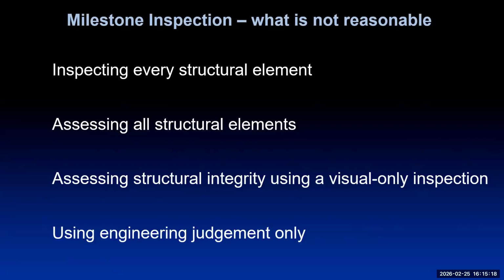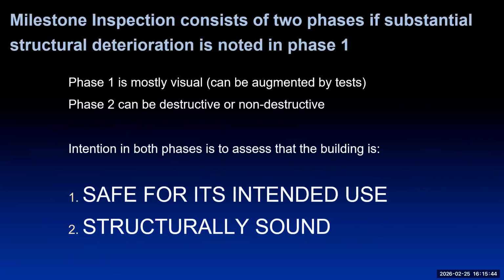You can't draw the line between seeing a sign of a problem and the overall integrity of the structure. And using engineering judgment only? No, you need to put things together. You need to have people who have good engineering judgment, but you also need to see what the structure is doing and what its performance is.